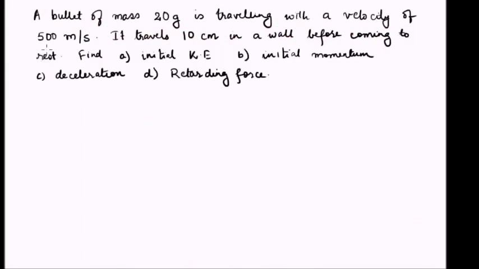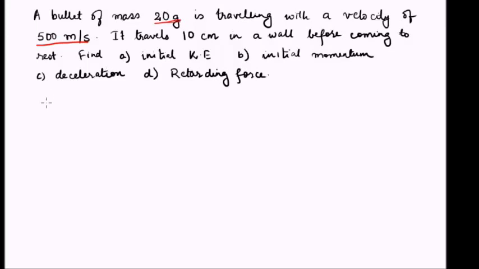This numerical states that a bullet of mass 20 grams was traveling with a velocity of 500 meters per second. After traveling 10 centimeters in a wall, it comes to rest.